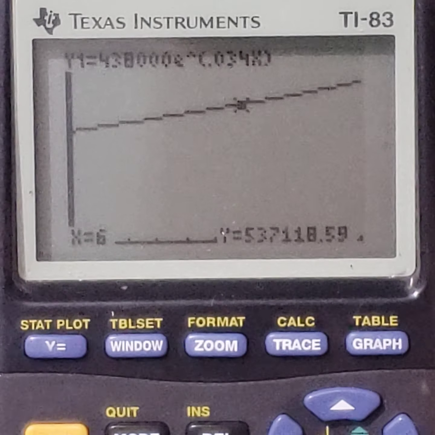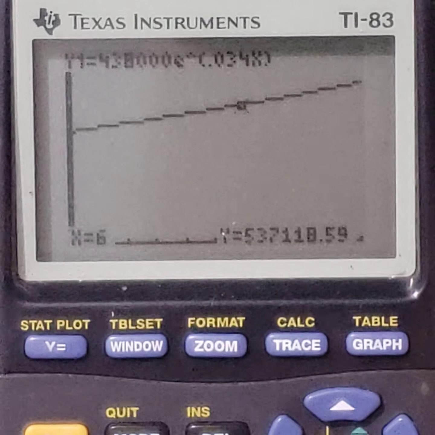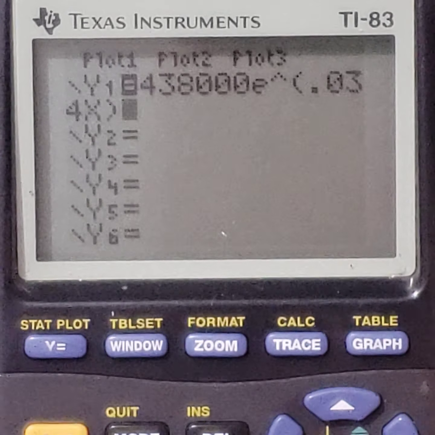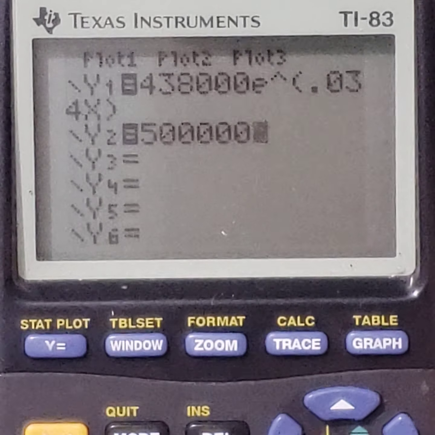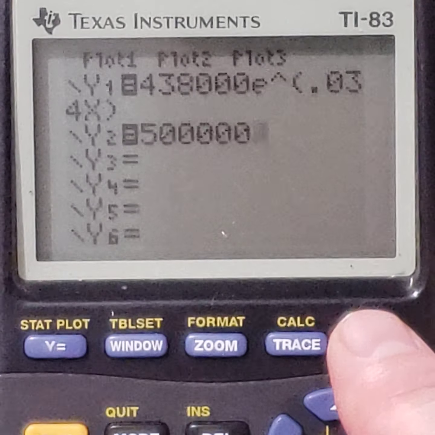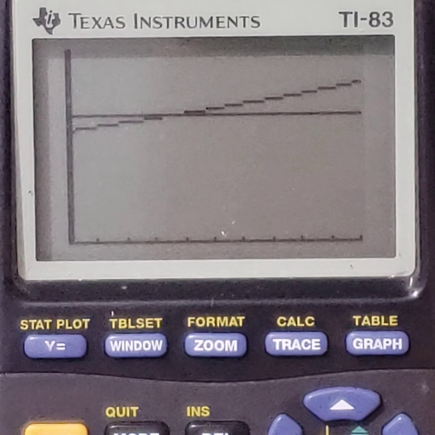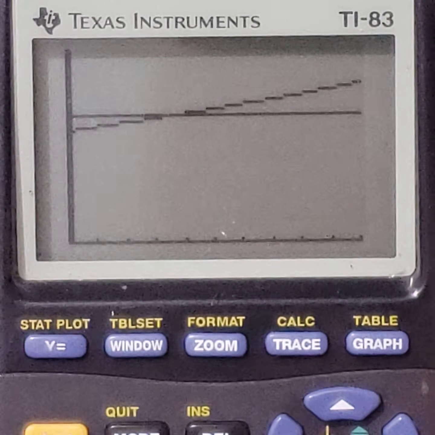Second question we were asked was, when will the population be 500,000? Well, you should know from previous sections, when we're asked when will it get to something, that means go to y2, put that something in to y2, and then graph again. That gives us our horizontal line at 500,000, and we can see exactly when it hits that.